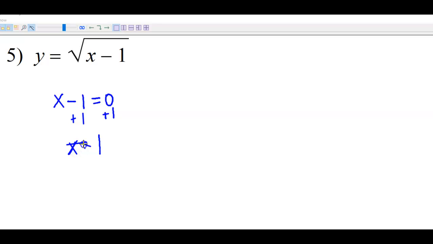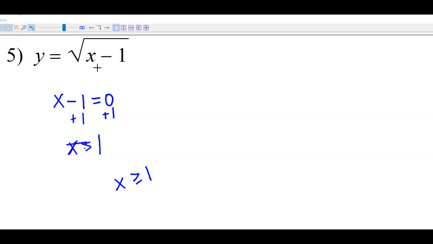So x equals 1, that just is telling me the value that makes this equal 0. Because it can be 0, it just has to be 0 or bigger. So if x is equal to 1, it's going to give me the square root of 0, which is 0, which is fine. If x is bigger than 1, like 2, 2 minus 1 is a positive 2, so that's going to give me a positive number.